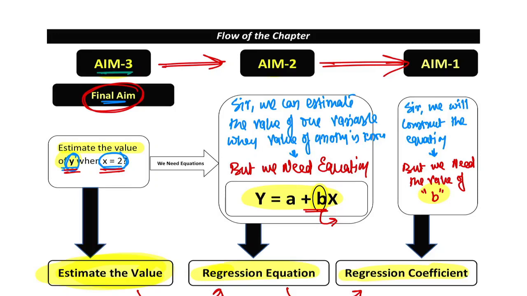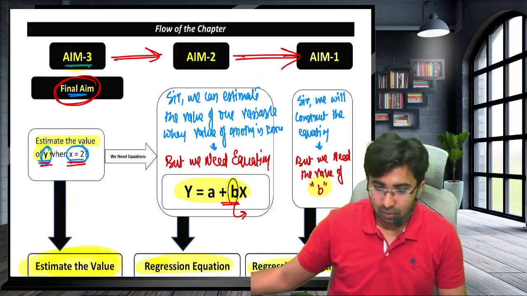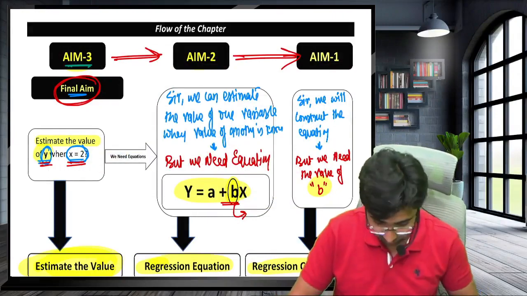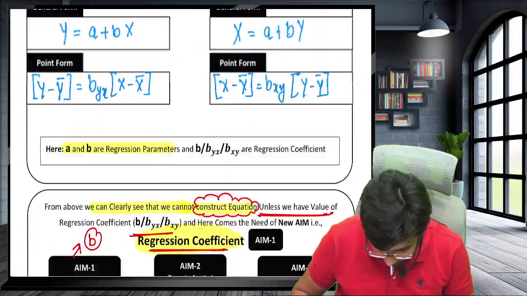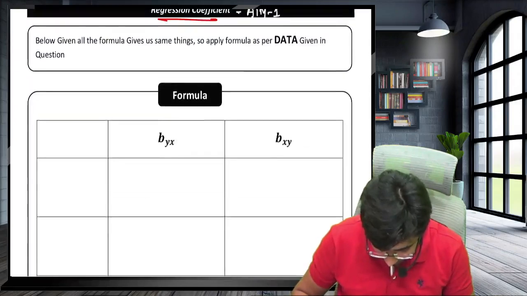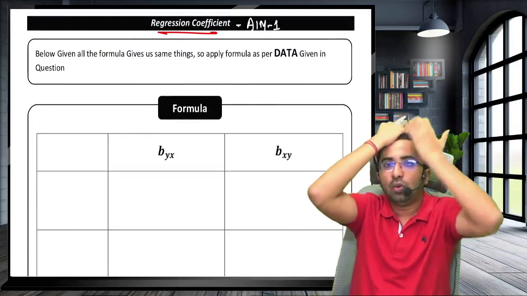Guys, done? Okay, now we can start. Now see. Guys, done with this, this, this. Now can I say, sir, we need to have the value of b first.